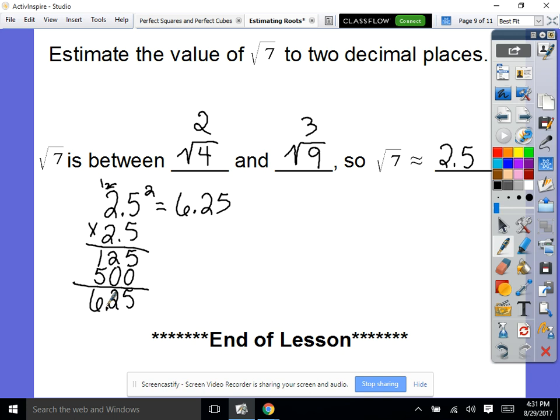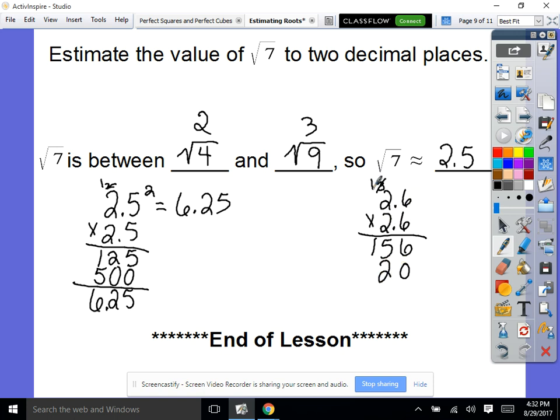So we know that has to be just a little bit more. So let's do 2.6 times 2.6. 6 times 6 is 36. Carry your 3. 6 times 2 is 12 plus 3 is 15. Bring down a 0. 2 times 6 is 12.